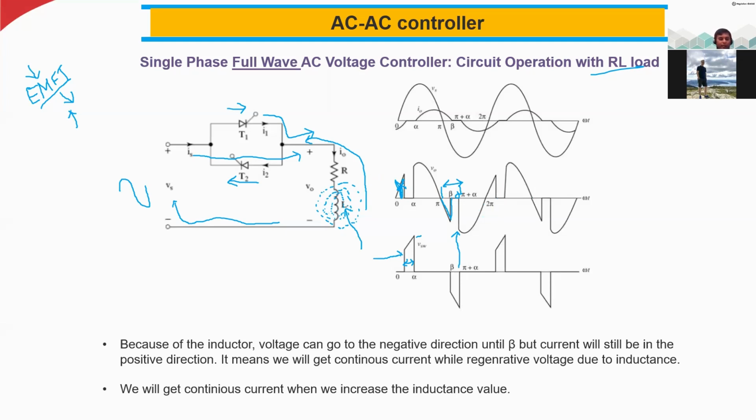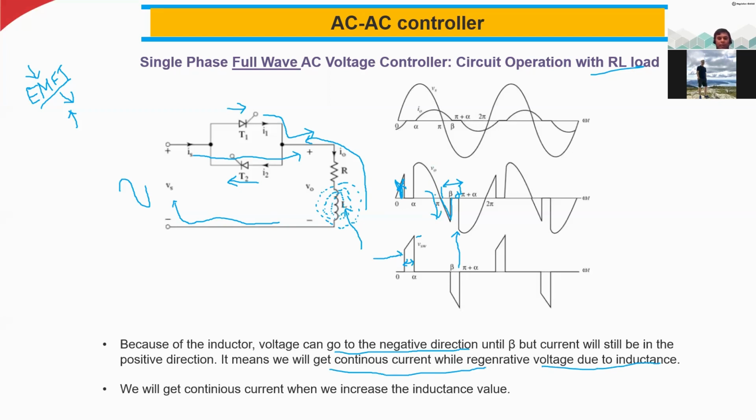Because of the inductor, voltage can go in the negative direction until beta, but current will still be in the positive direction. That is the advantage. It means we get continuous current while the voltage is regenerative due to inductance.